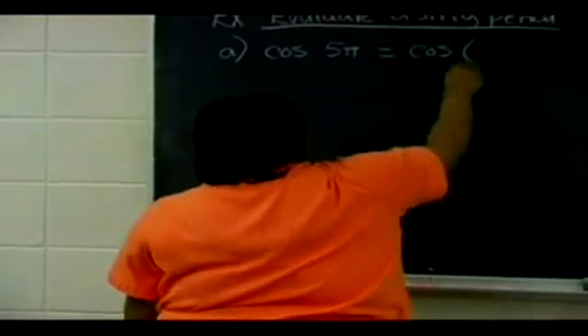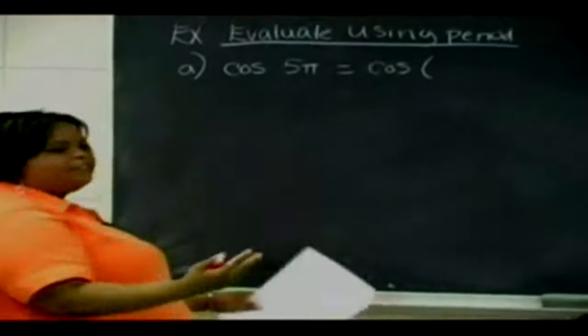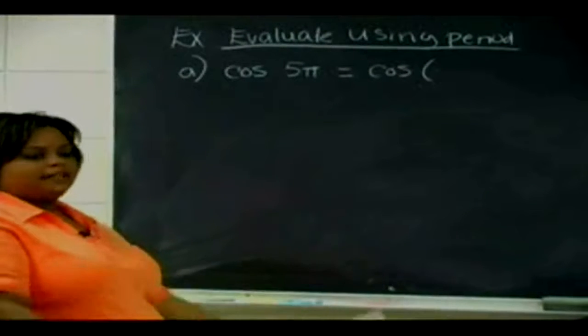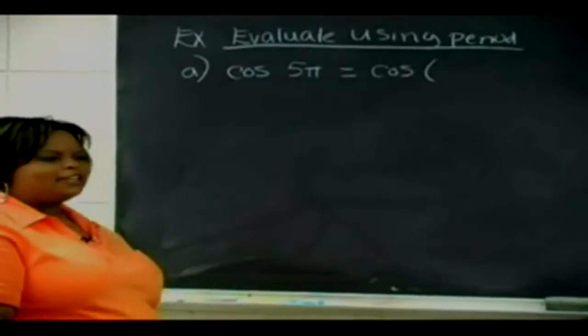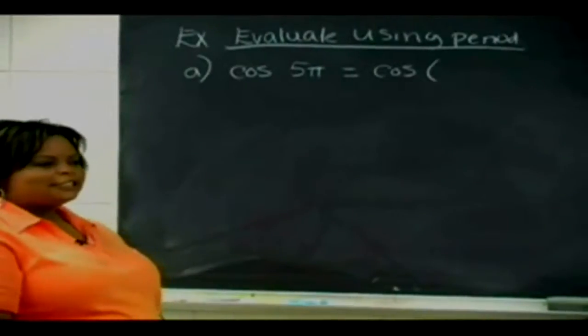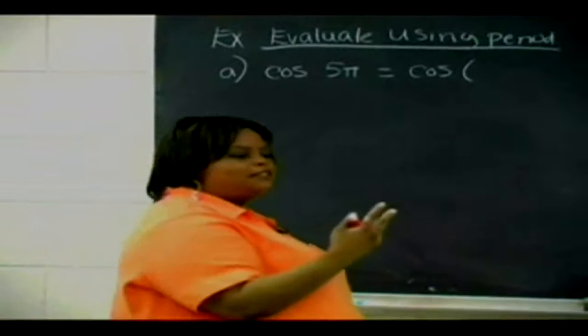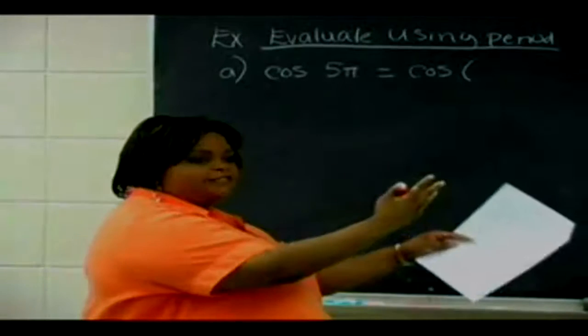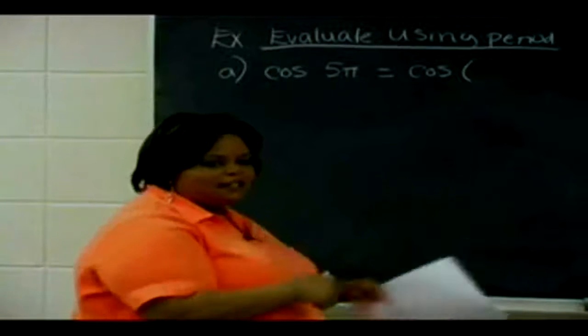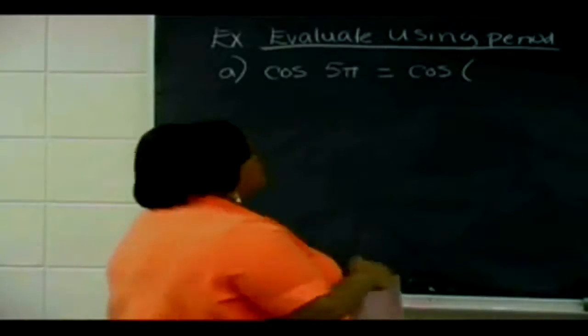So how can I break up 5 pi as some even pi and something less than that? Does that make sense? Did I state that correctly? How can I break up 5 pi, something pi that's even plus something that's less than that? What is that?